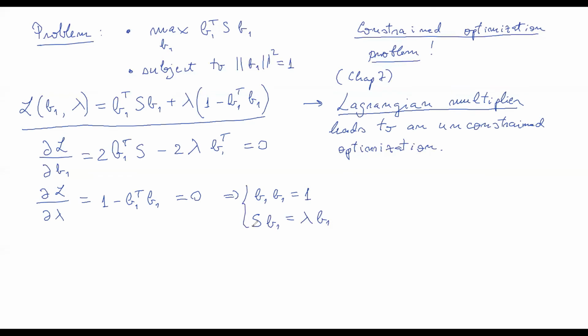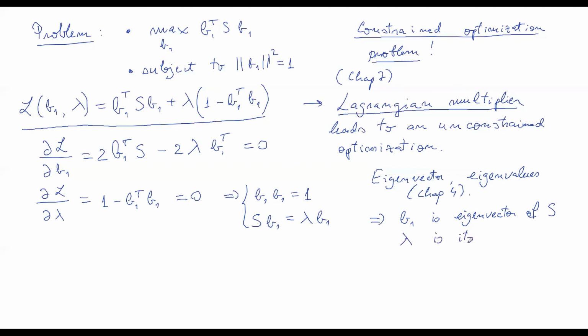And what we realize here right away, just by thinking about eigenvectors and eigenvalues, which are discussed in the textbook in chapter 4, and you certainly have had this in other courses as well, is that if we embed this problem in terms of eigenvectors and eigenvalues, B1 is an eigenvector of S, and lambda is its eigenvalue.